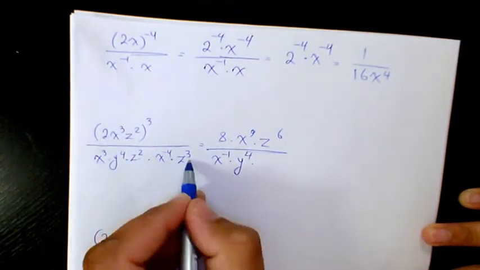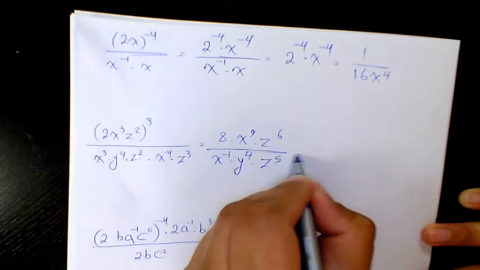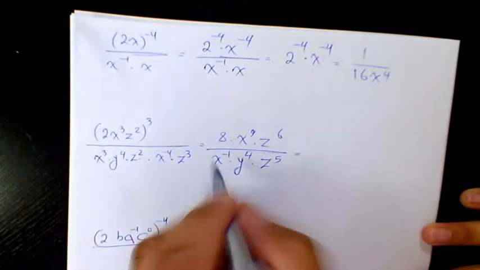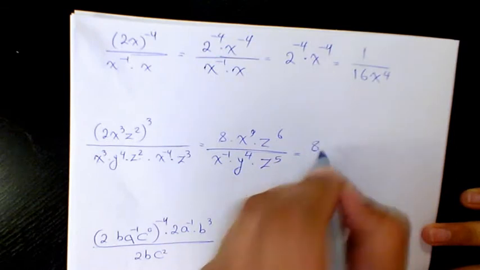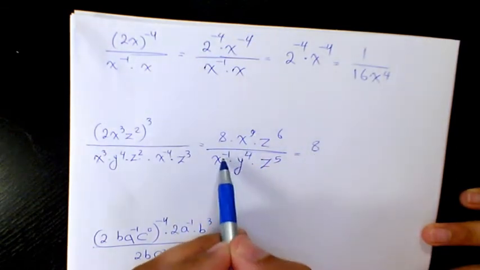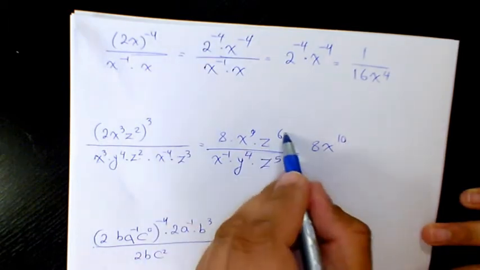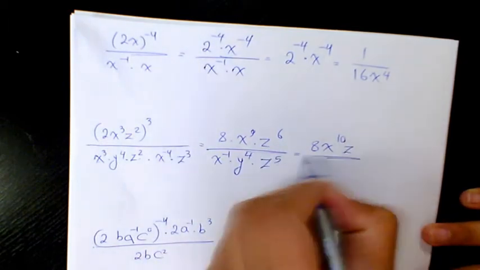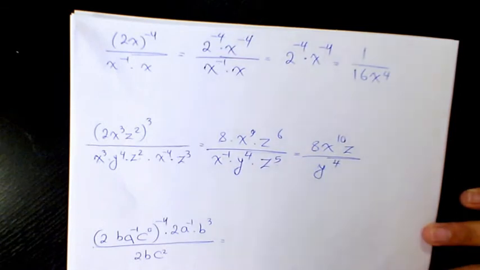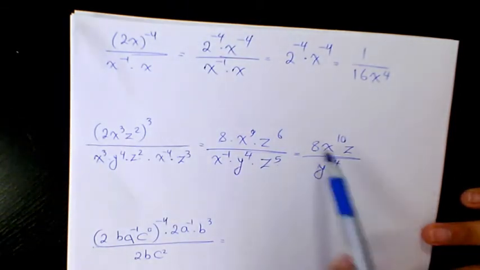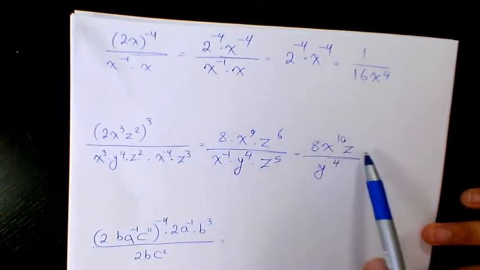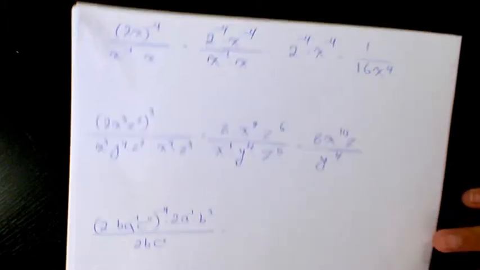Z to the power of 2 cubed is going to be 5. How to simplify it is going to be, here we have 8. 9 minus negative 1, so it's going to be positive 10. Z to the power of 6 minus 5 is going to be just z divided by y to the power of 4. Or you can say 8x to the power of 10 times z times y to the power of negative 4.